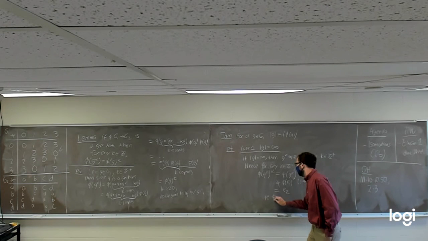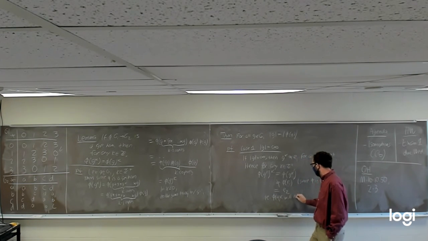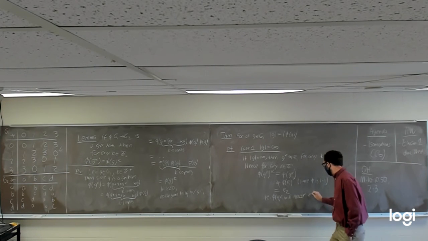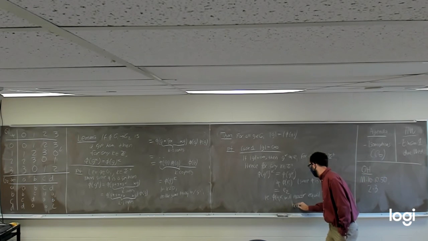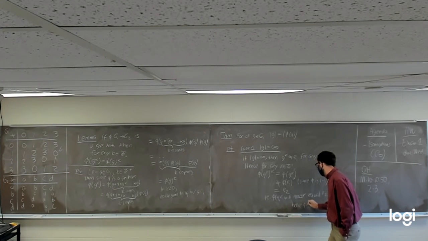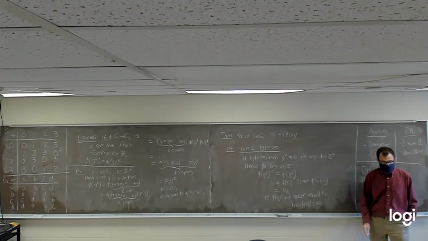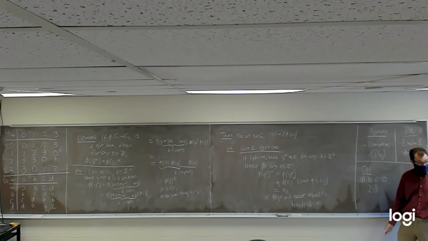I.e., phi of G to the K will never equal the identity in the second group. Hence, phi of G has infinite order as well. So in other words, if G has infinite order, then phi of G also has to have infinite order.